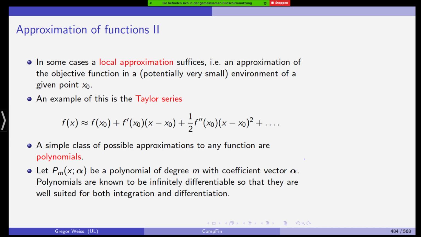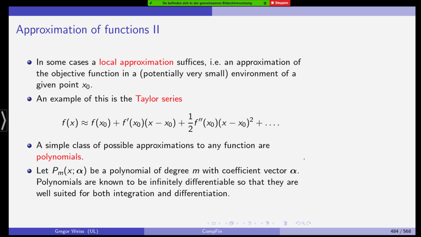And then you have a given point x0, a potentially small surrounding environment of x0, and then you need to locally approximate f. A very famous example is the Taylor series. Taylor's theorem states that you can approximate and substitute a function in the vicinity of a point x0, which might be very small, by its Taylor series.